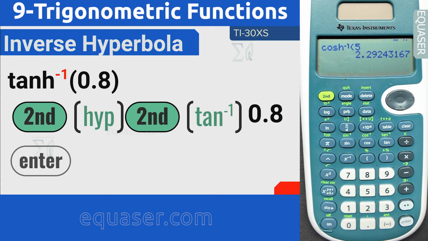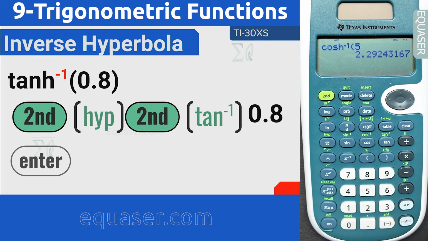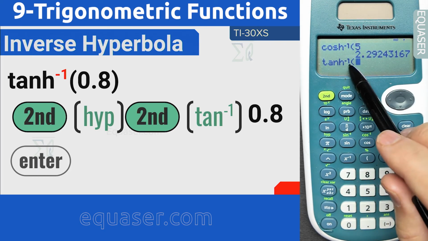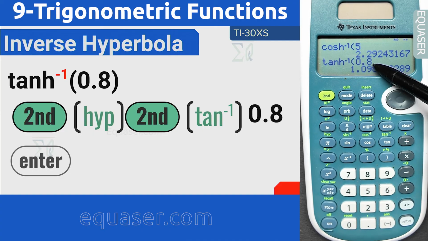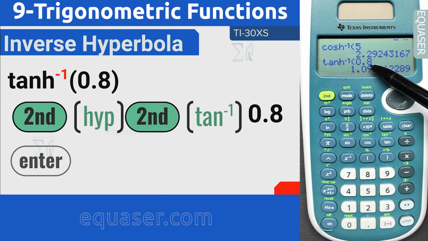If you want to do tangent, the same way. Second function hyp, that's for hyperbolic, and then second function tan. Now it's inverse hyperbolic tangent of 0.8. By the way, this value must be smaller than 1, 0.999, but not equal to 1.